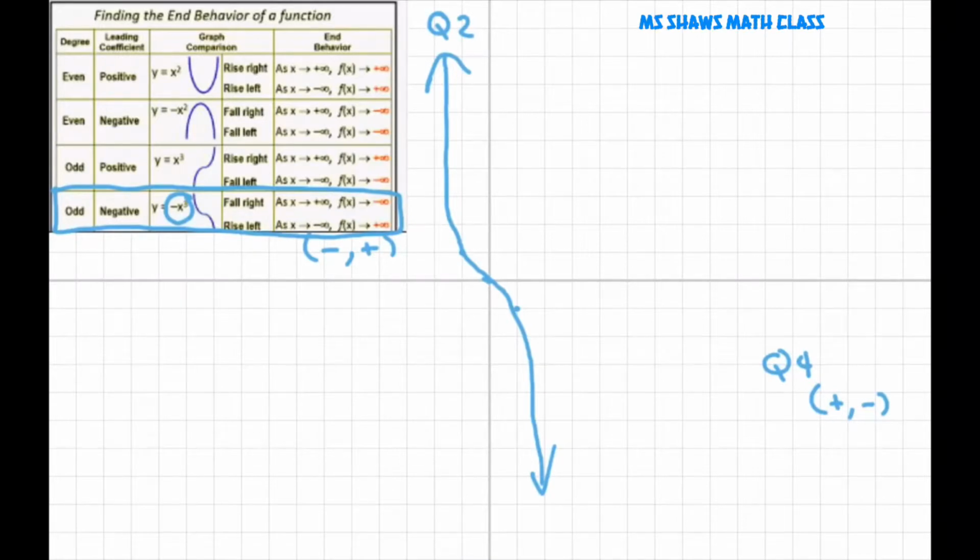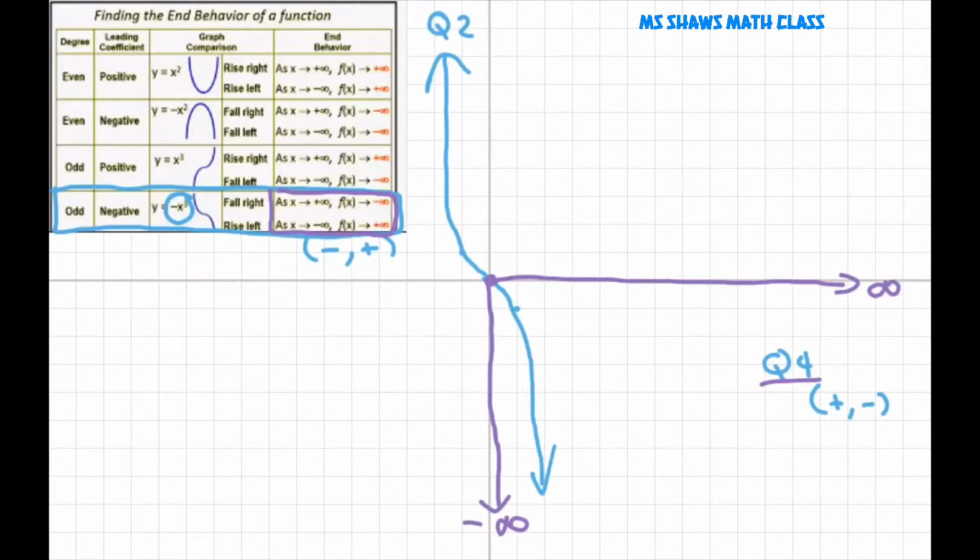x and y, respectively. So our end behavior, all this means is x gets larger and larger from 0, or y actually gets smaller and smaller. That puts us in quadrant 4.